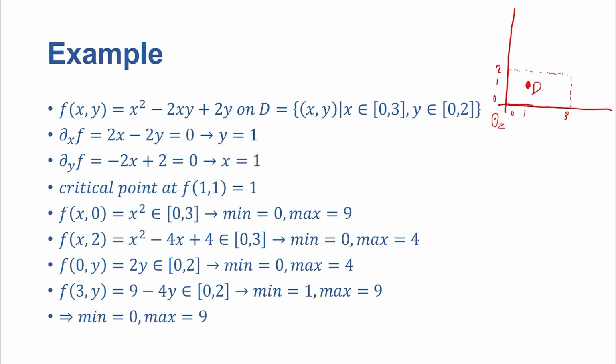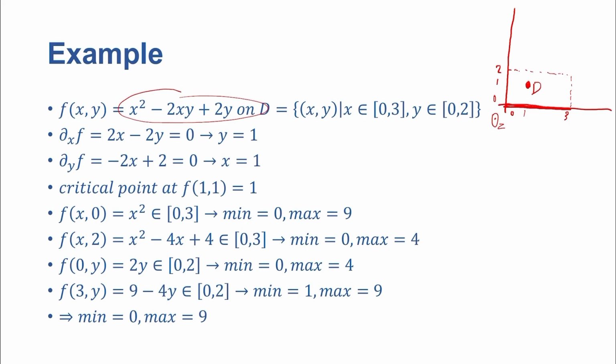So we're going along this boundary first. This is any value of x along this line between 0 and 3. This of course means that y is equal to 0. So if we plug that into our function it becomes x squared. And we're evaluating between 0 and 3. So we want to find the minimum and the maximum here.